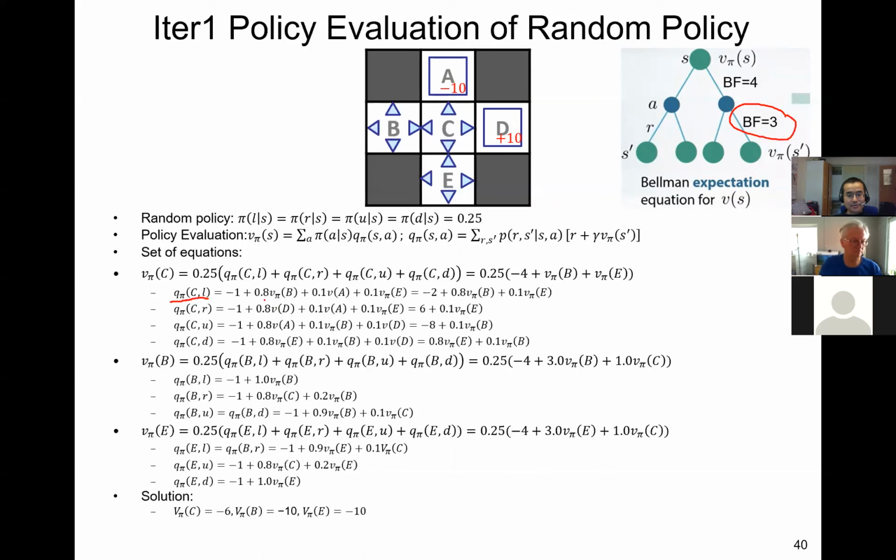These three terms correspond to the branching factor of 3 for the environment, whereas these four terms correspond to the branching factor of 4 for the agent's action. Last time I put everything in a single formula and it was really messy. But now I put out the Q's and it makes it much easier to understand.